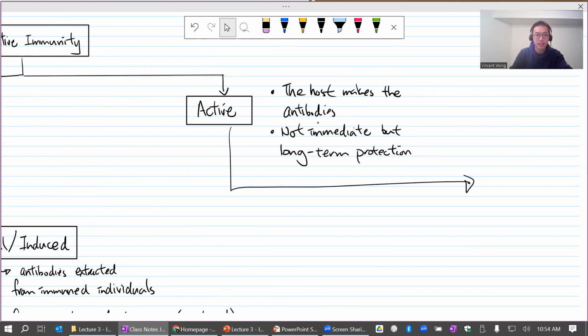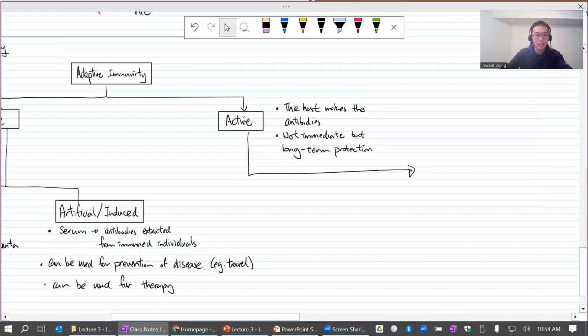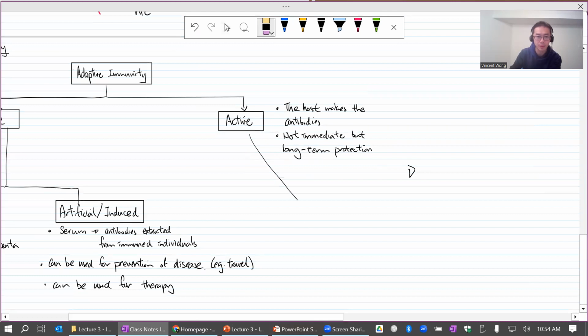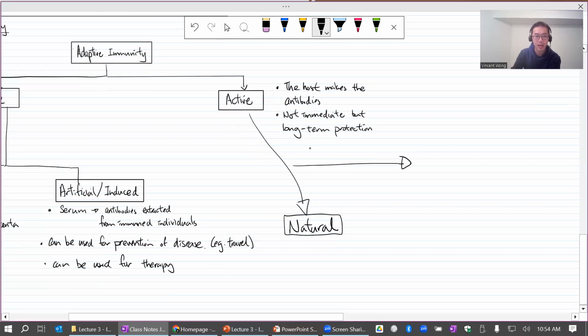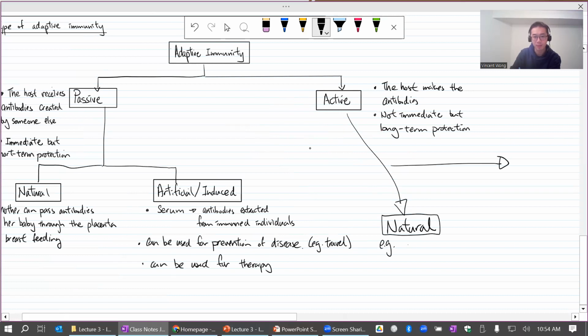Okay, so that's passive. Now we're gonna talk about active. So active is also separated into two kinds, and I'm totally running out of space here. But the first kind is natural. An example of that is my favorite example, chicken pox.